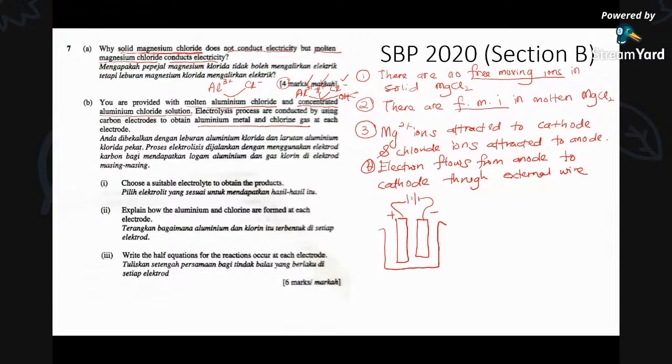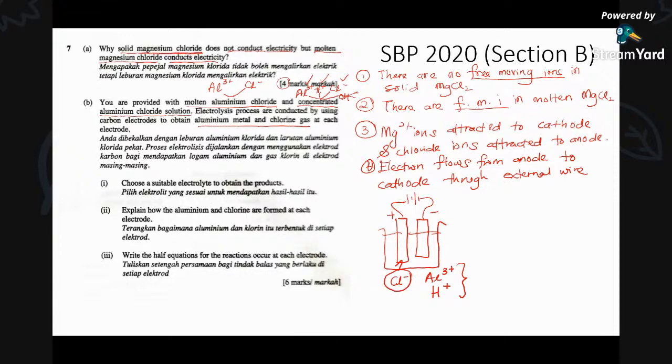at the positive electrode over here, chloride ion will be selectively discharged. At the negative electrode over here, you have 2 ions, Al3+ and H+. So you have to choose according to the electrochemical series. Whether it is concentrated or diluted, it will only affect the anion, not the cation. So when it affects the anion, chlorine will be selectively discharged over here.